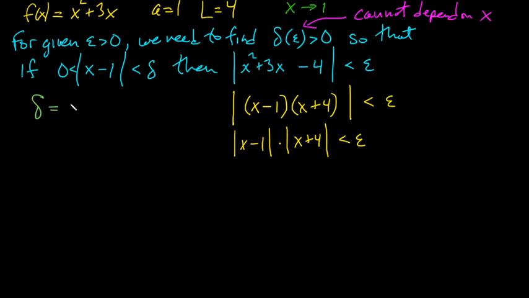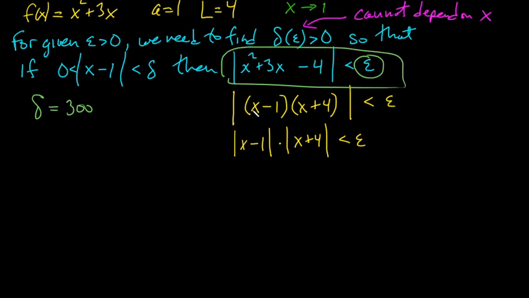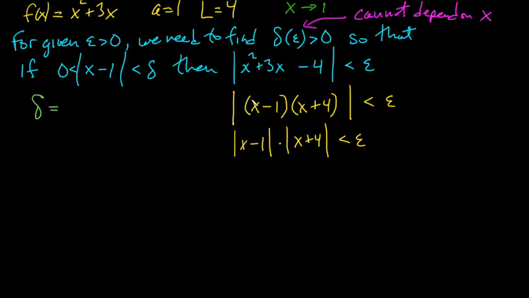If delta is too big, if I pick delta to be, say, 300, depending on what epsilon is, this condition might not work. It might be false. So I'm going to start with a reasonably small delta, a small number, but a simple one, just the number 1. So I'm going to choose, at least for now, delta to be equal to 1. And let's see what that means.